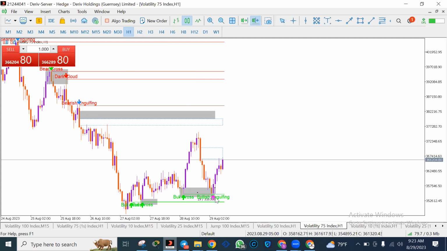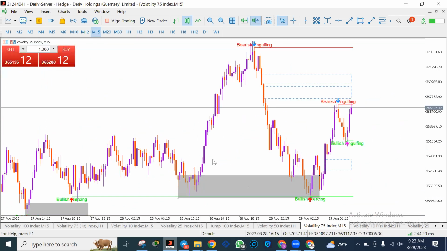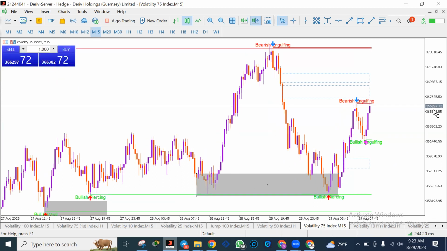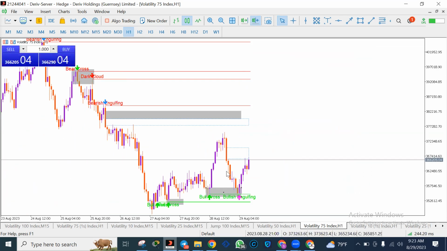So let me extend. On H1, we had a bullish cross. On M15, what did we have? Nothing appeared. So as long as nothing appeared here, there's no way I'm going to take this trade. All right. But it was actually good. But rules have to be kept.